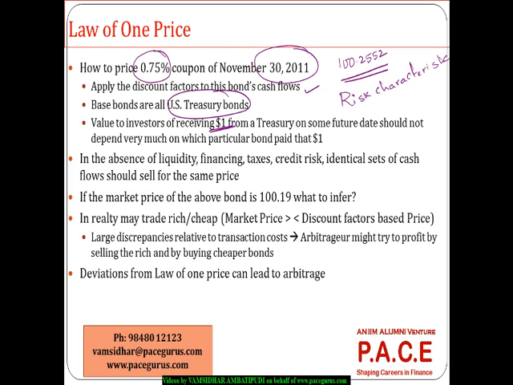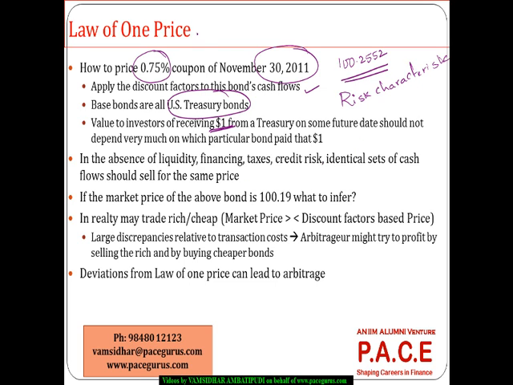So it should not really matter from which bond that $1 is coming. And because of that, and based on that assumption, the pricing is being done directly by using the discount factors that are computed by looking at the various treasury bonds and using those discount factors to compute the price.